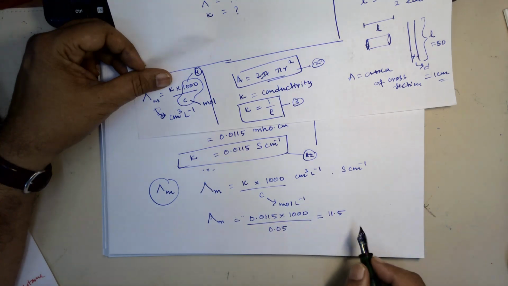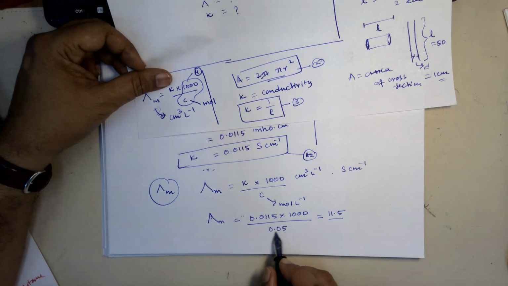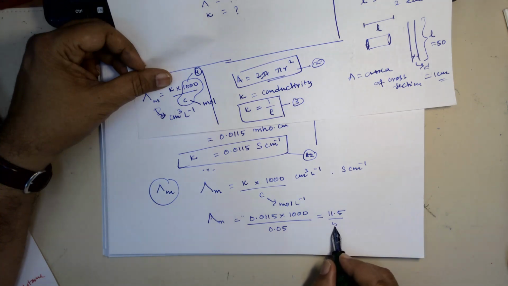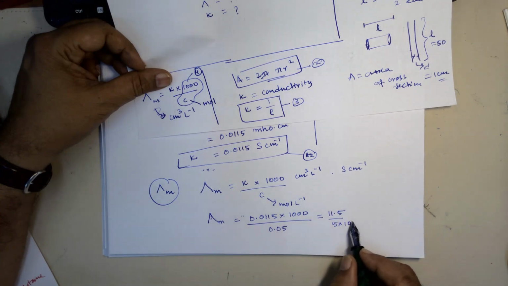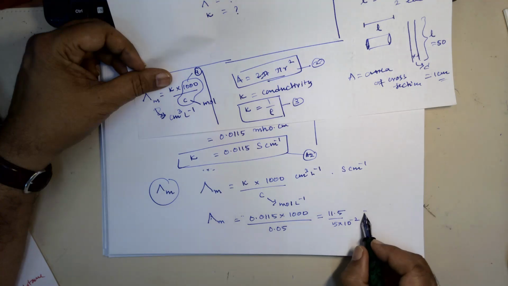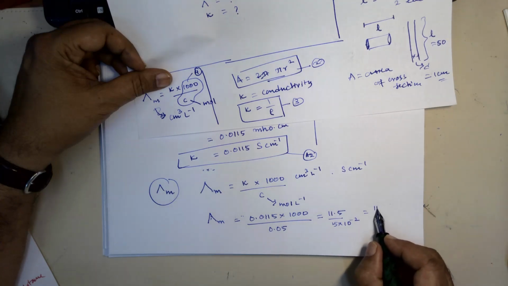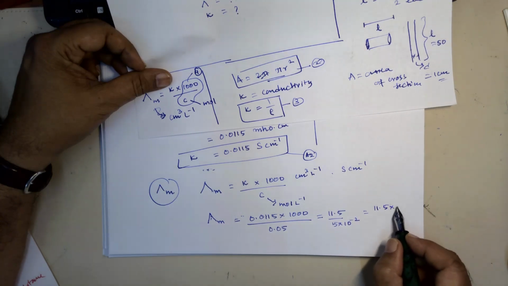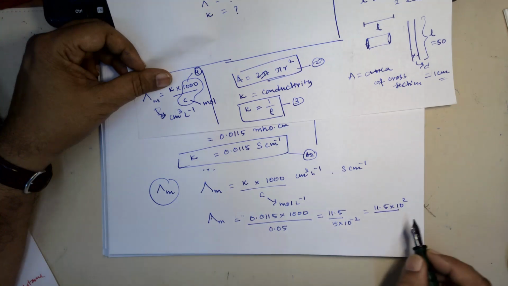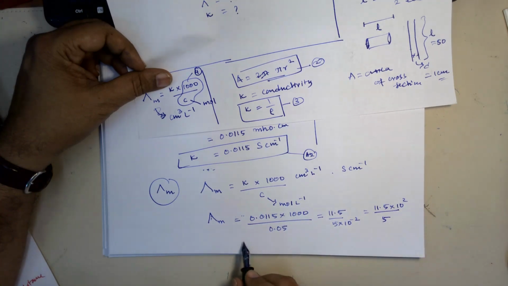So 11.5 divided by, you can make this as 5 into 10 power minus 2. It means 11.5 into 10 squared divided by 5. So that is equal to 2 5s are 10, 3 5s are 15 into 10 square.